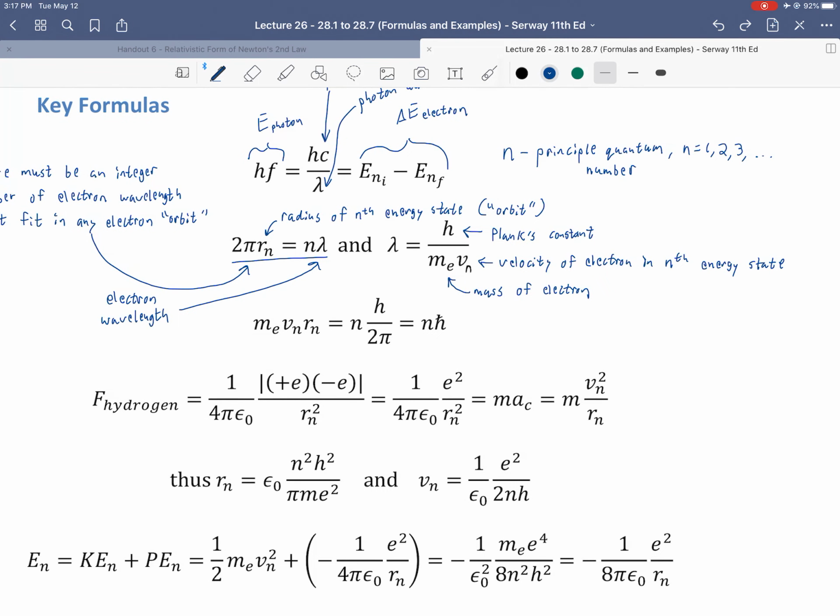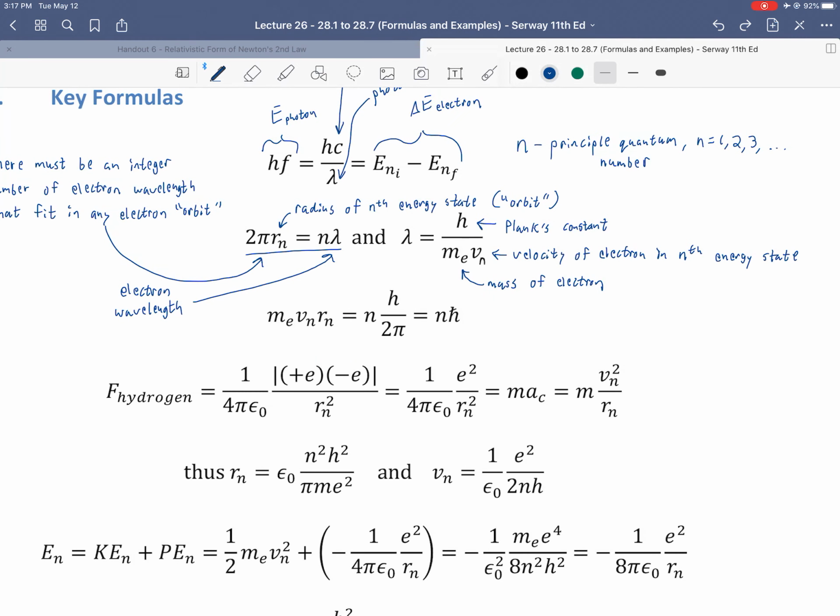So this is the quantum side of the Bohr model. And down here, it's summarized again. What have we done with this summarizing? Well, I took the idea of lambda, right? Because you can express lambda according to de Broglie as h over momentum, Planck's constant over momentum.